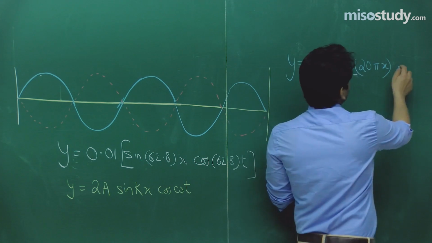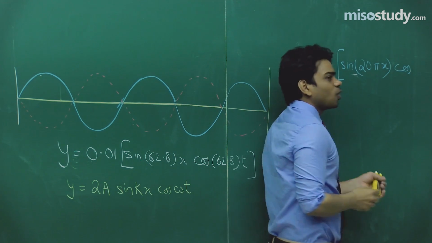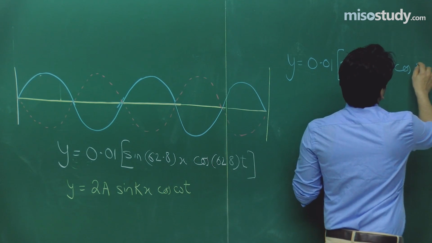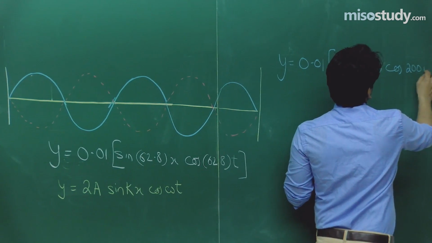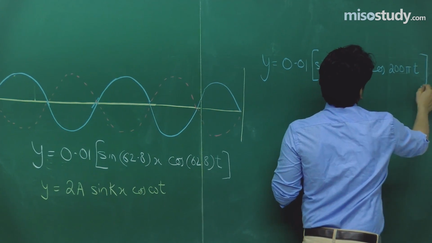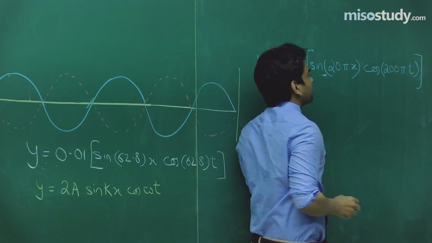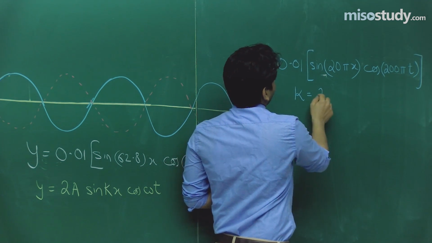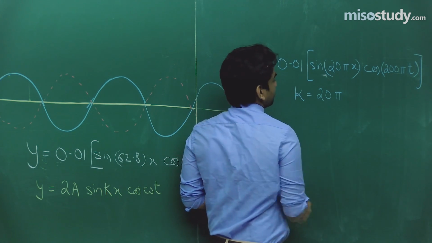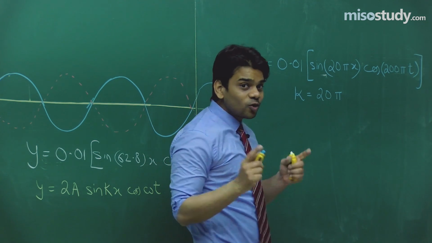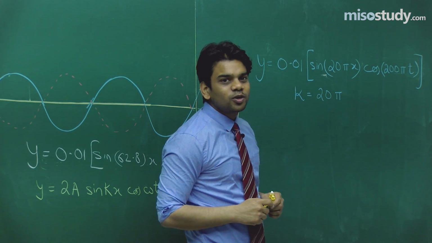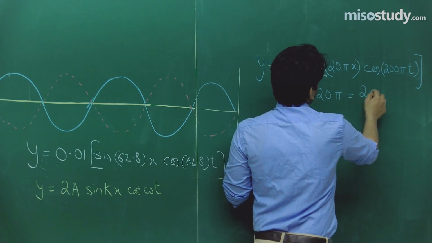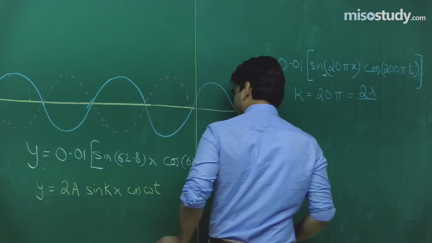Next we can write cos 628, that can be written as 200 pi t. That means if we compare, k will be 20 pi. k is equal to 20 pi from here, and we know that k is equal to 2 pi by lambda. So we can write this as 2 pi by lambda.